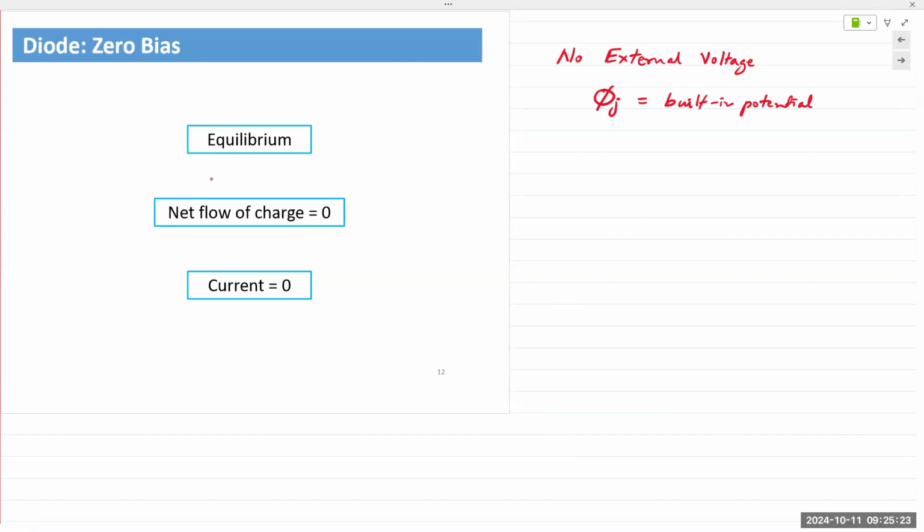And because there are two competing mechanisms of current flow, drift and diffusion, which balance each other out, we say that the diode is at equilibrium. Okay, barring any temperature changes, we say the diode is at equilibrium or thermal equilibrium.